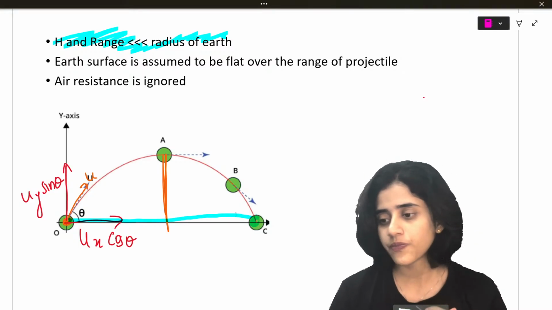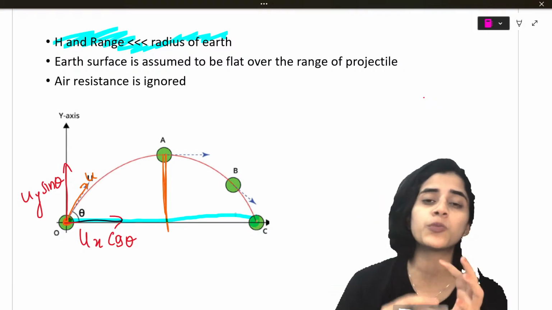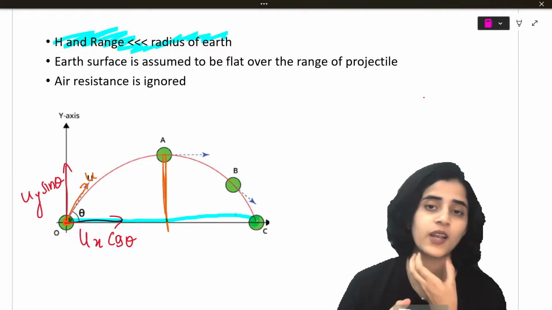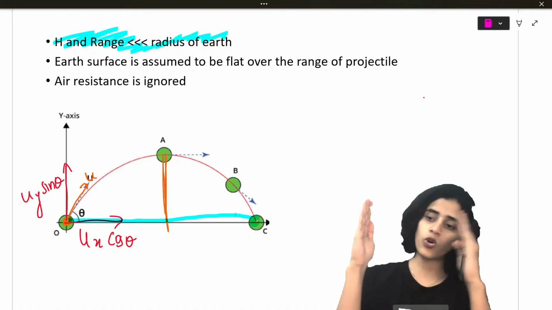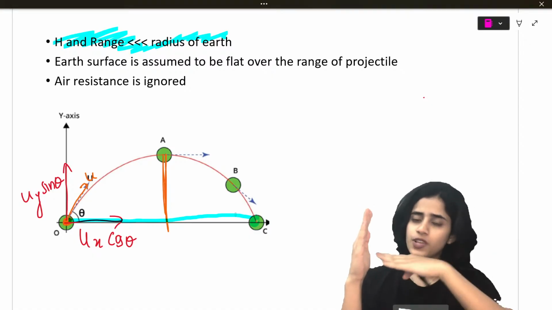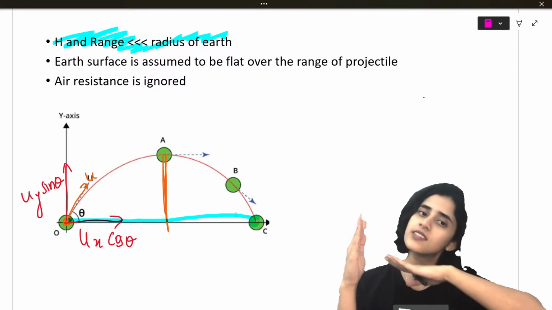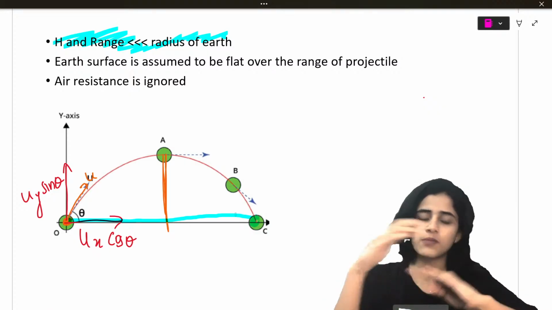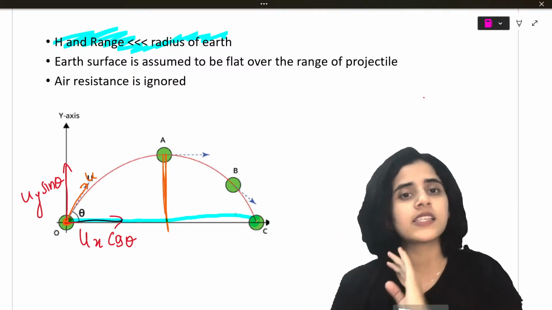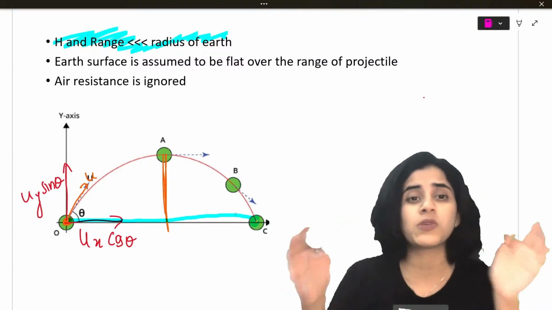Now, the earth's surface is assumed to be flat over the range of the projectile. What does that mean? If I am throwing my javelin from here and it goes all the way till here, assume that the earth is flat there so that the base is straight. If the earth is curved, then it's going to be complicated.